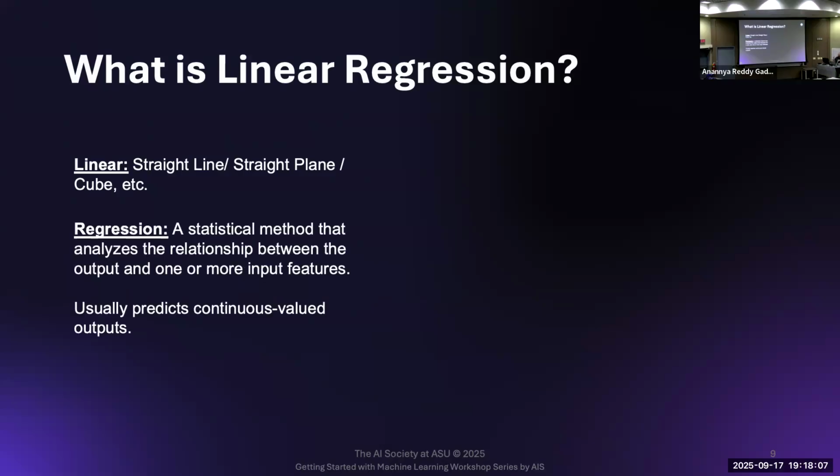Regression is a statistical method that analyzes the relationship between output and one or more inputs. Output is the dependent variable and inputs are the independent variables. Based on these independent variables, the output will be generated. The dependent one depends on the number of inputs we give to the model, and this AI model will predict a continuous value like a number.